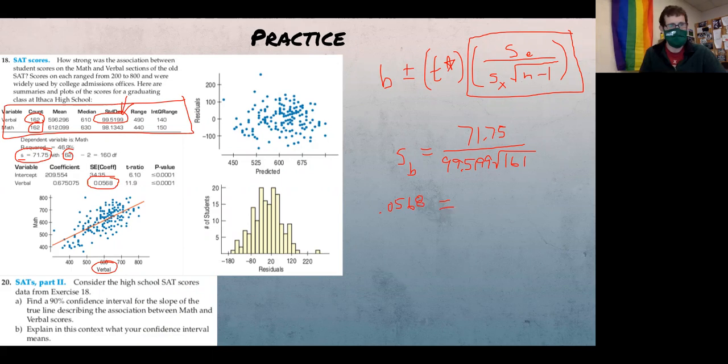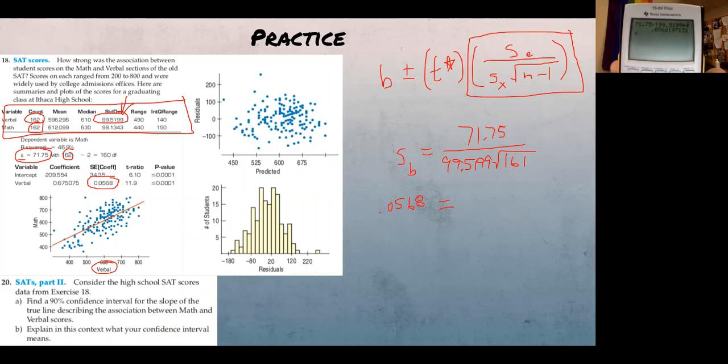This is live and being recorded, so I can add to my errors of the day. Aha! I just plugged it in. I don't know if anyone else did the calculation as well. So there it is, 0.0568.